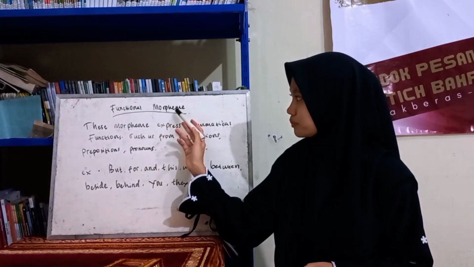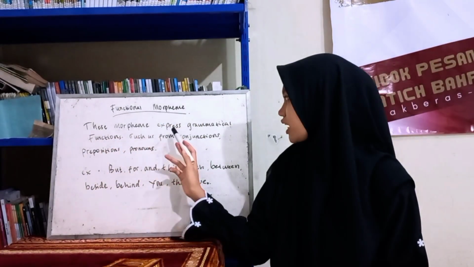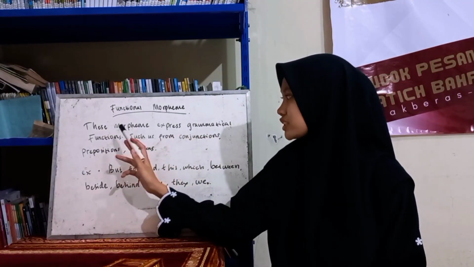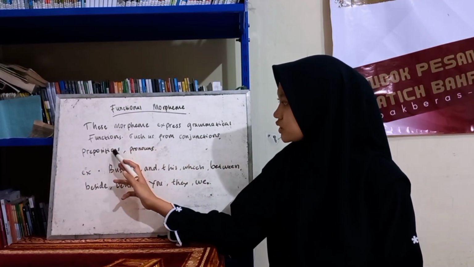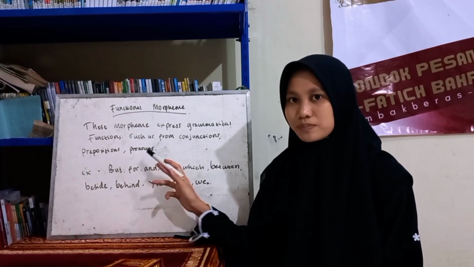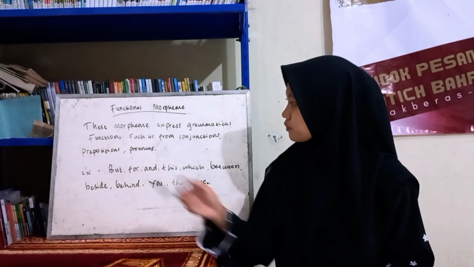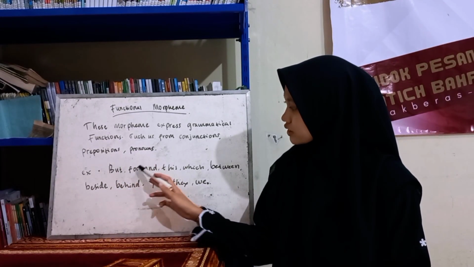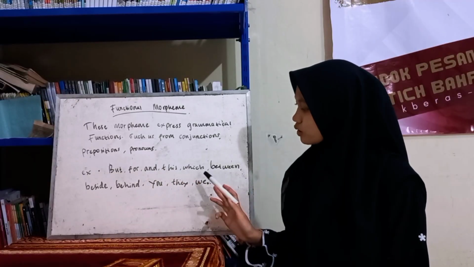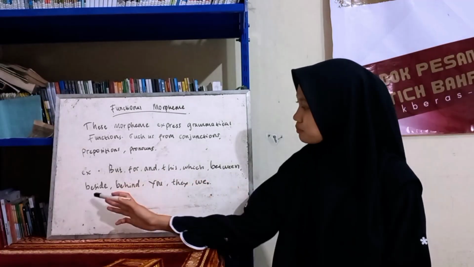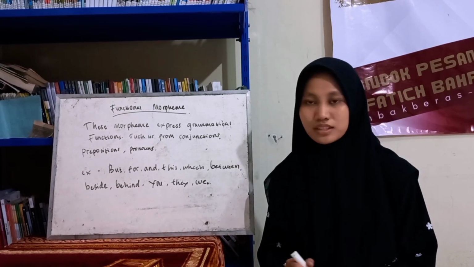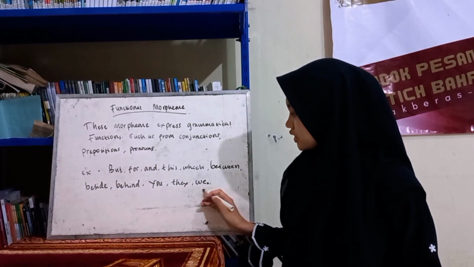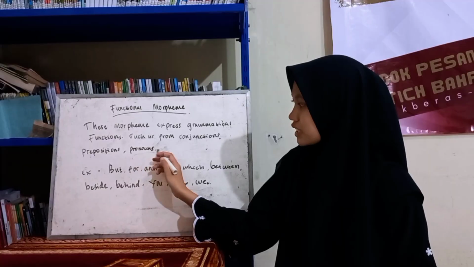Okay, functional morpheme. This morpheme expresses a grammatical function, such as conjunctions, prepositions, and pronouns. For example: that, for, and, this, which, between, beside, behind, you, they, we. And you, they, we are pronouns.